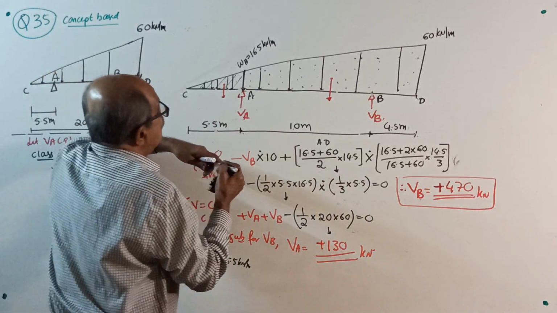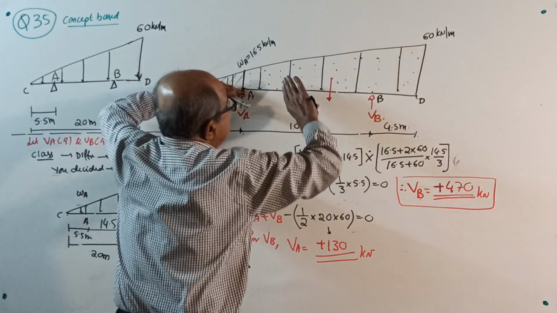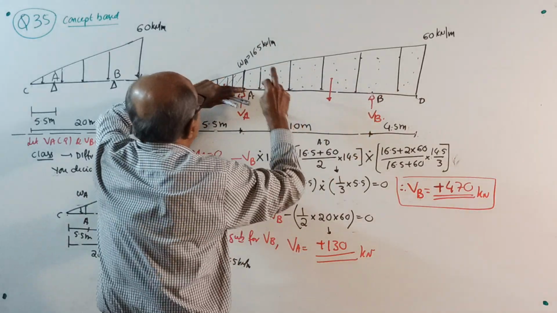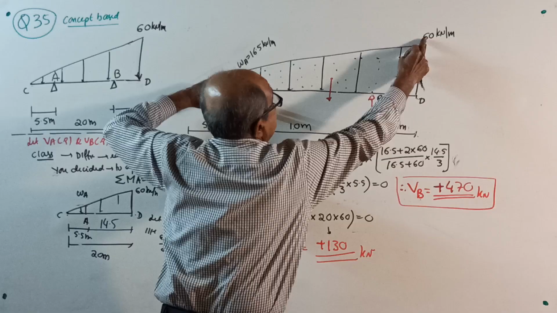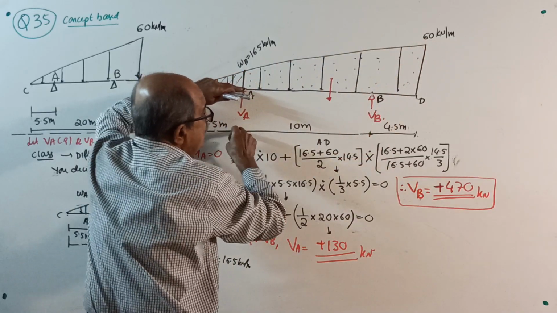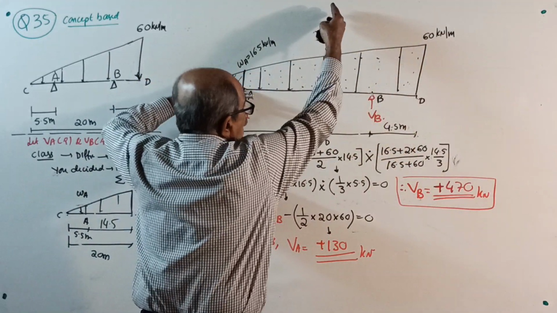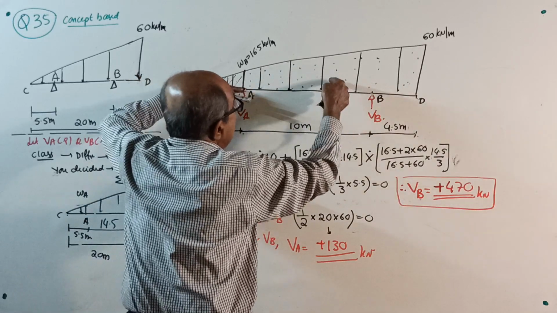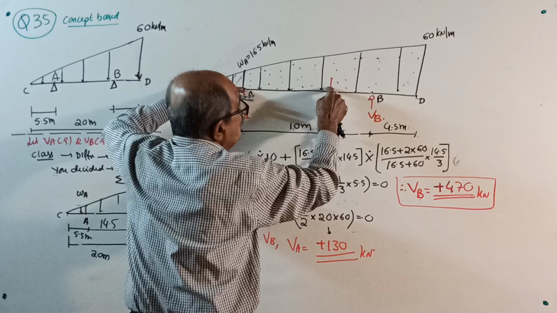Then total load will pass a little on this side. Okay, start. Area of the trapezium is total load: 16.5 plus 60 divided by 2, into 14.5, will give total load, into the distance from here to the line of action. This distance you want.